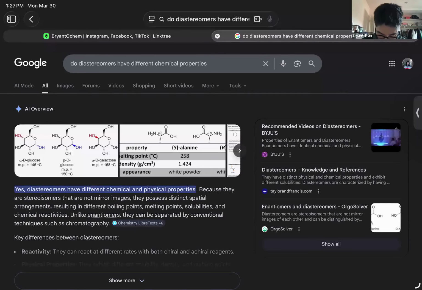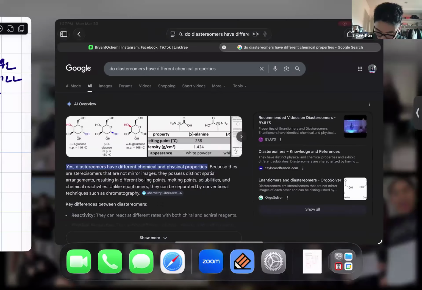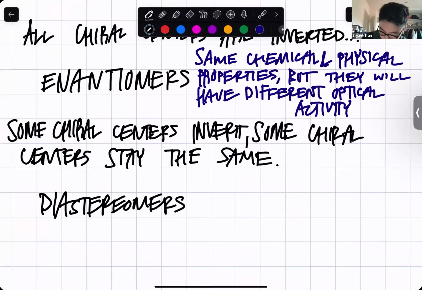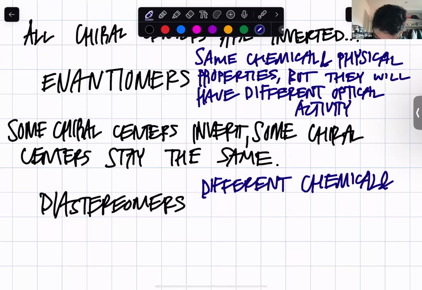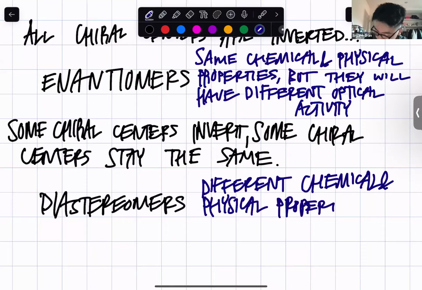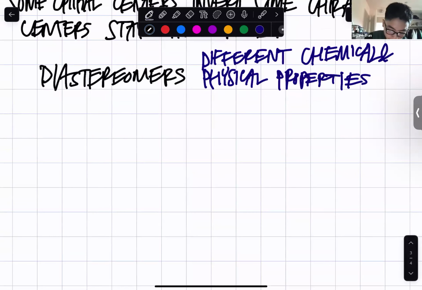Yes, chemical and physical properties. Right, they're not mirror images. They will have different chemical and physical properties.